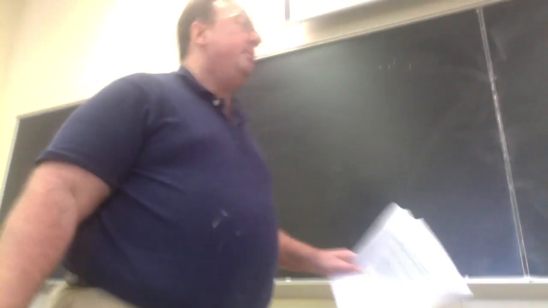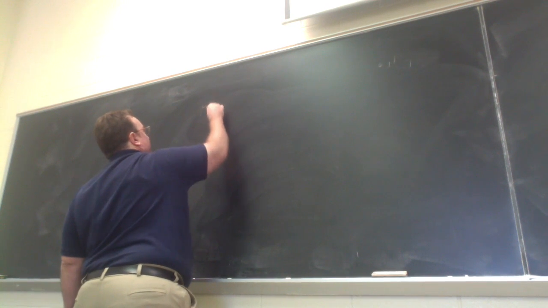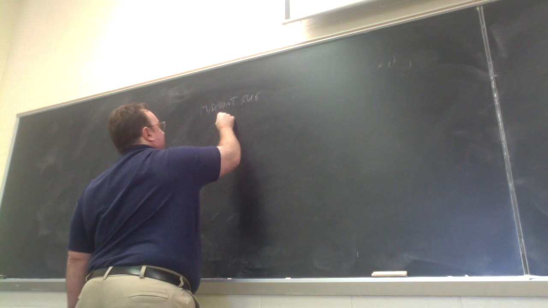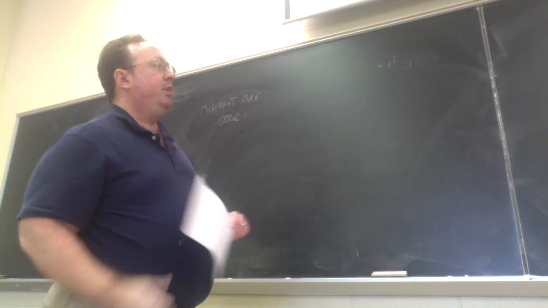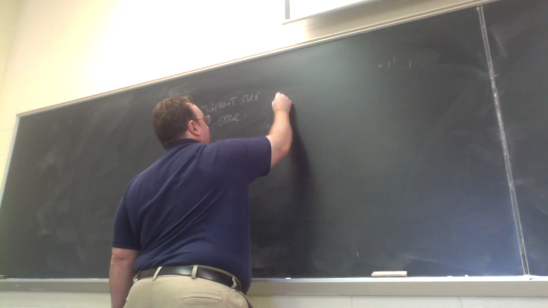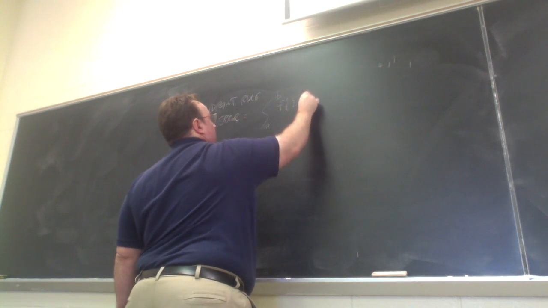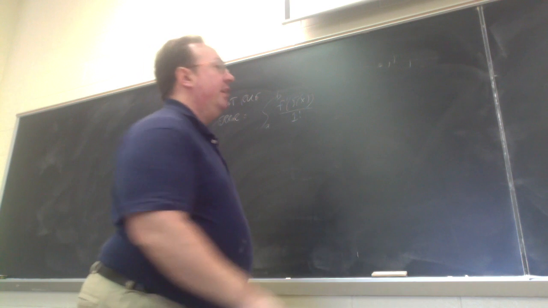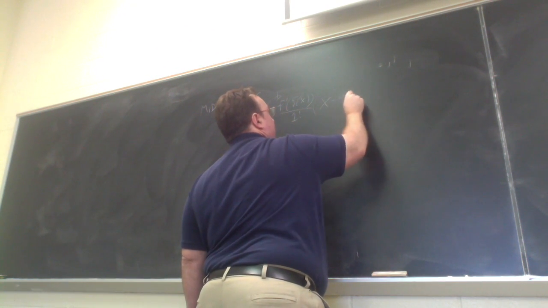Because if I were to try the same approach with the midpoint rule, the error using the interpolation error formula would be the integral from a to b of f prime at an unknown point over 1 factorial, and then I would have x minus (a plus b) over 2.